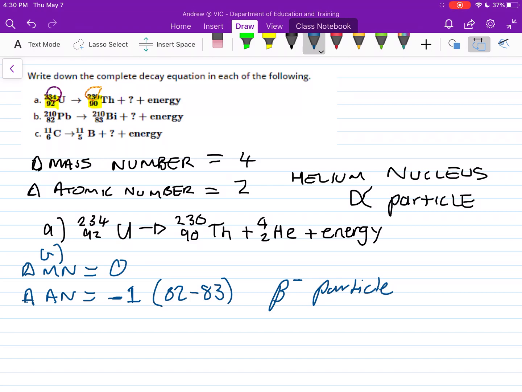This means we need to write this out properly. We write lead 210, 82, goes to bismuth, I believe, 210, 83.